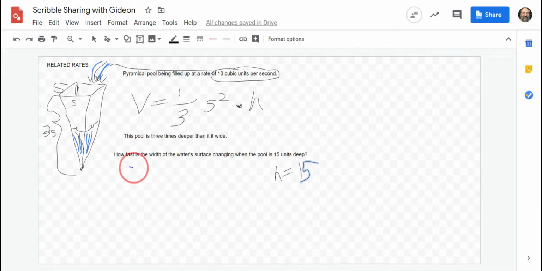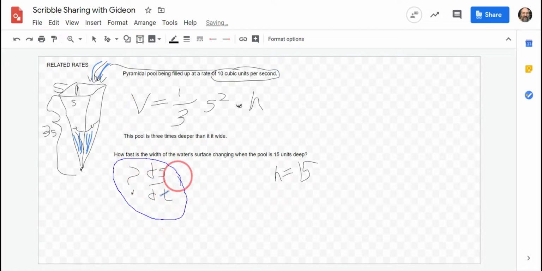And they're asking, what is ds dt? And of course, I did forget one thing. When we define V as the volume, we ought to have noted the fact that dV dt equals 10.